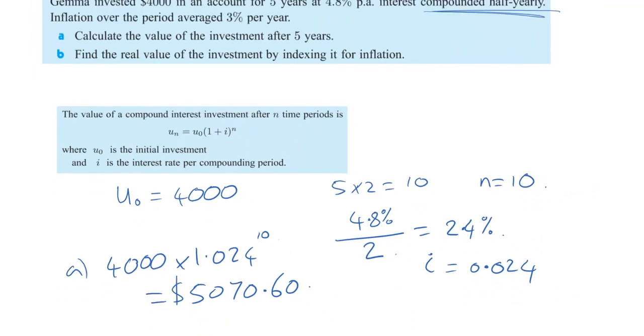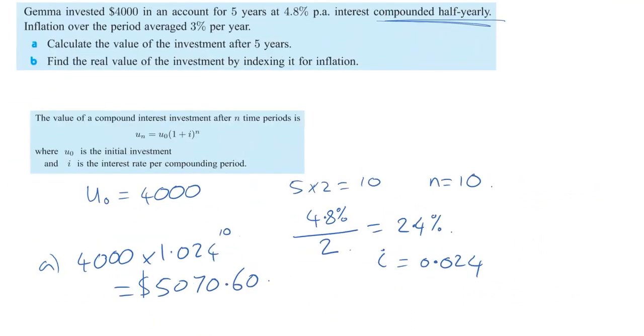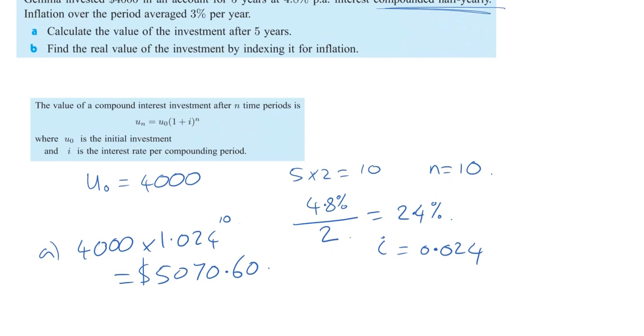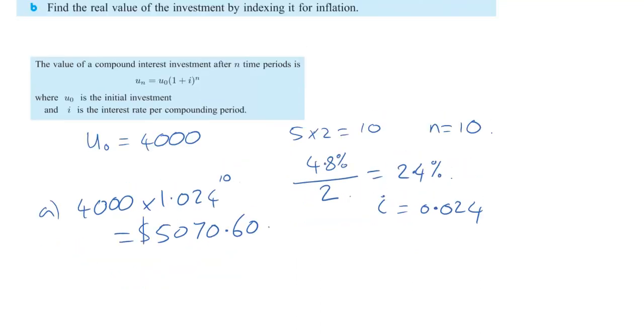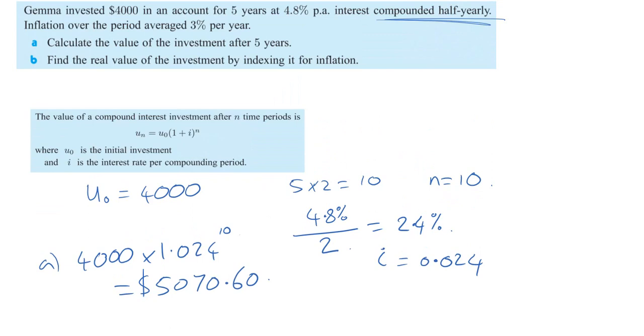Now, part B is quite interesting because we're talking about inflation now, right? So it's telling us that the inflation over the period actually averaged 3%. And that's per year. Find the real value of the investment if we index this for inflation. So what that's asking is, what is the 4,000 actually worth if we think about the inflation that's going to happen?